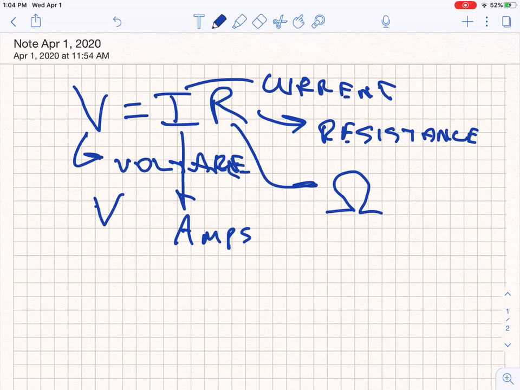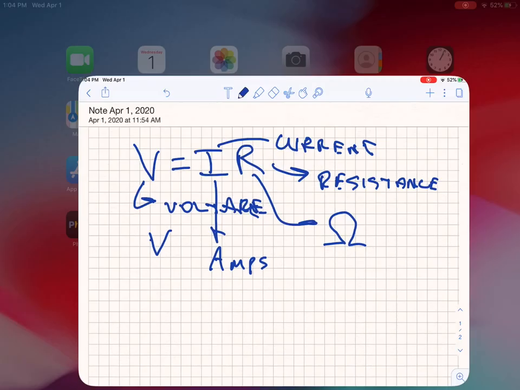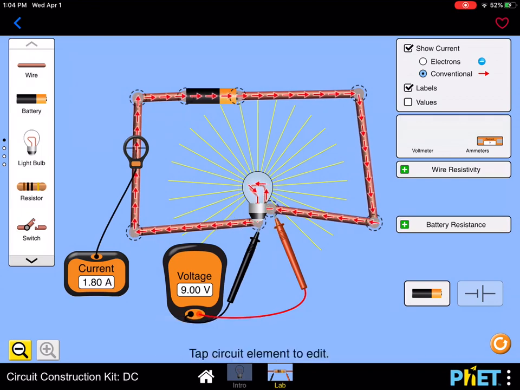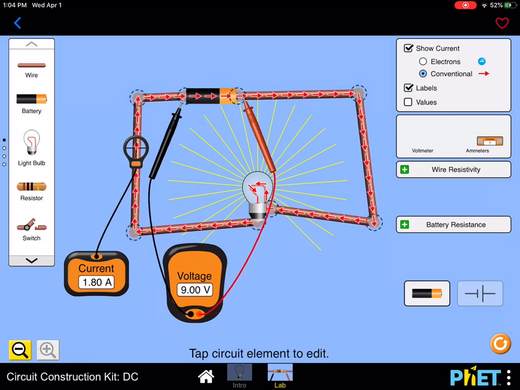So to show you a simple example of how this works, I've got a simple circuit set up, and I've got a voltage of 9 volts. So here's the interesting thing about that. The voltage is 9 across the light bulb, but if I hook that voltage up across the battery, that's also reading 9 volts.